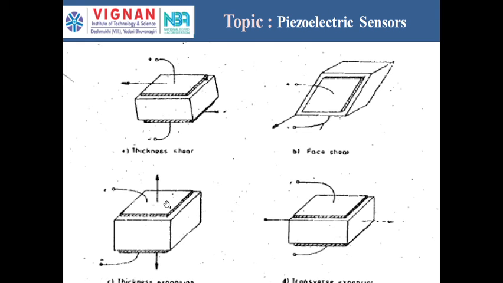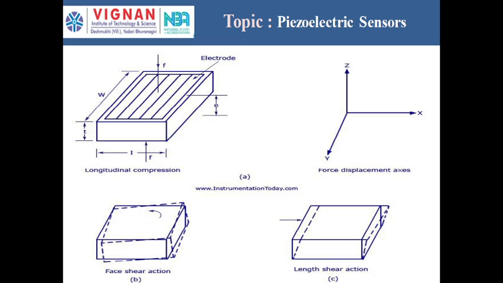Here thickness can be increased, here thickness can be reduced. This is nothing but face shear, transverse expansion. In these different ways we can convert mechanical energy into electrical energy. So in the next session we will go for other types of sensors.